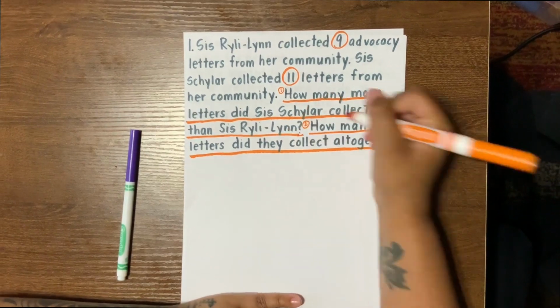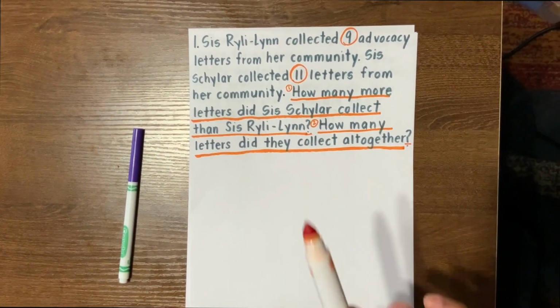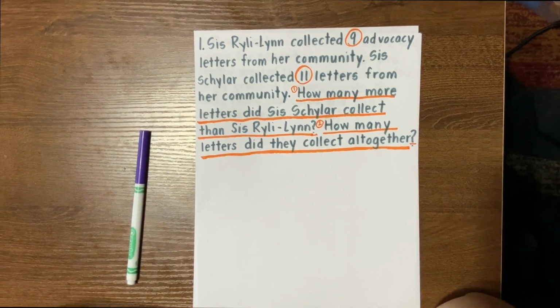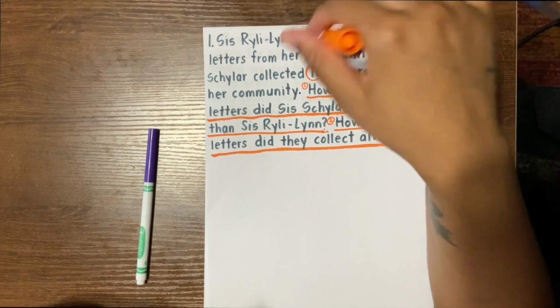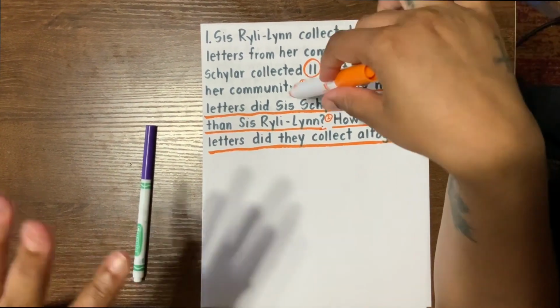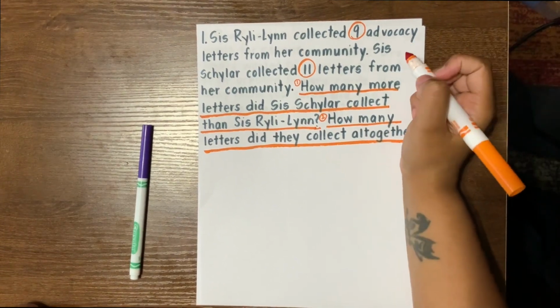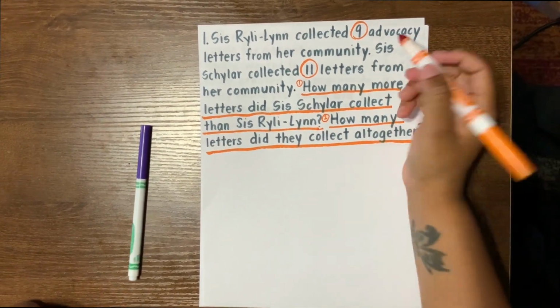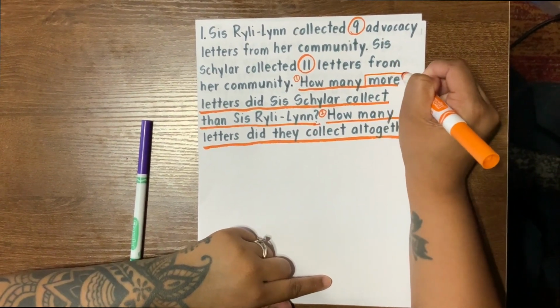All right, let's take a look at question number 1, and we're going to box some math action words. There are no math action words in the first 2 sentences, but once we get to our question, I see some. The math action word is more.